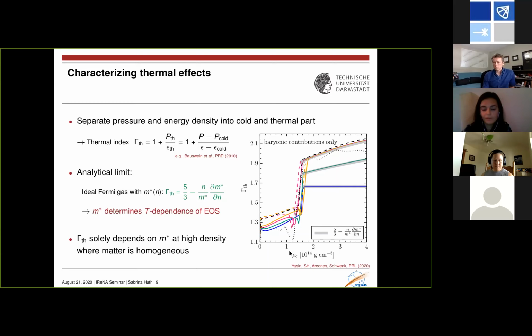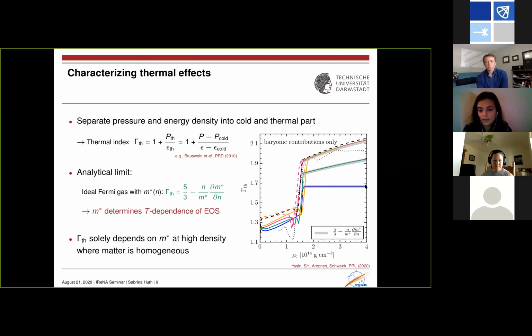Below roughly half saturation density, you get a thermal index that also depends on symmetry energy and incompressibility, because you have clustering there, alpha particles and nuclei and so on. But if you have homogeneous matter, which is there above roughly half saturation density, then you have for the baryonic contributions only neutrons and protons. And here you see again these bands due to the effective mass.